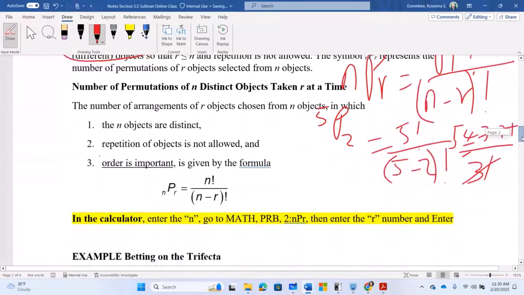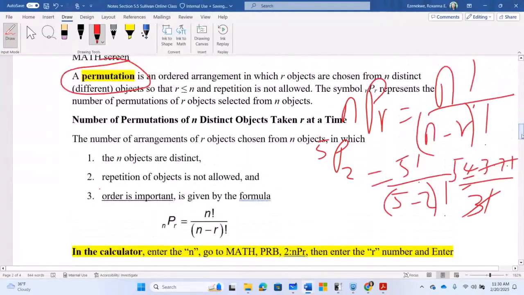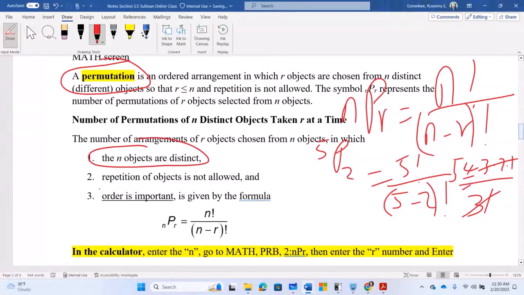All right. So that is permutation, but let's make sure we know the properties of permutation. Property number 1, there must be n distinct objects. Repetition of objects is not allowed. Order is important.